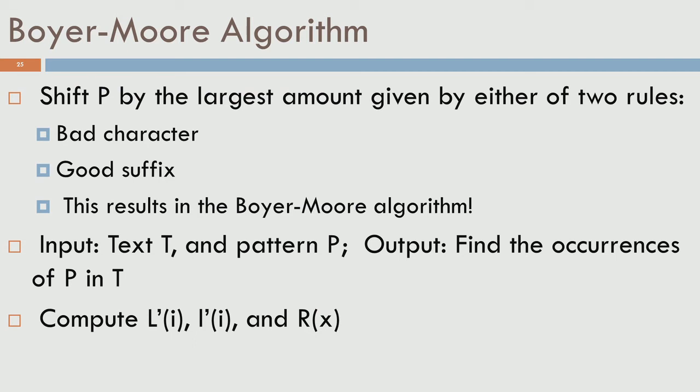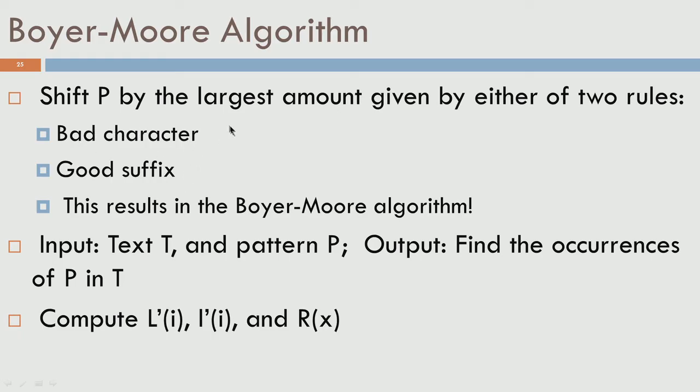Now let us just complete the whole algorithm. What we do is select a shift value for P which is the largest one given by either of the two rules. That is, we take the shift recommended by the bad character rule and we look at the shift given by the good suffix rule. Recall that some matches have happened, which is used by the good suffix rule.